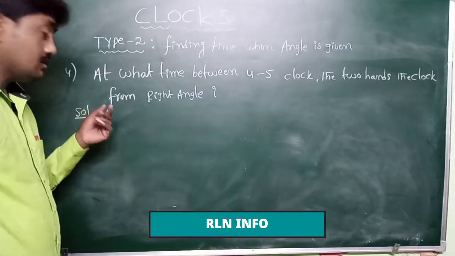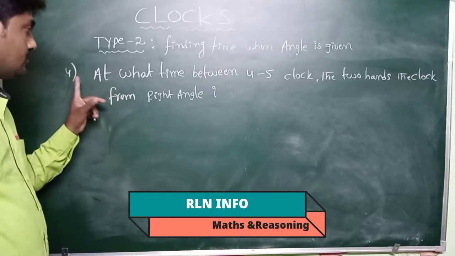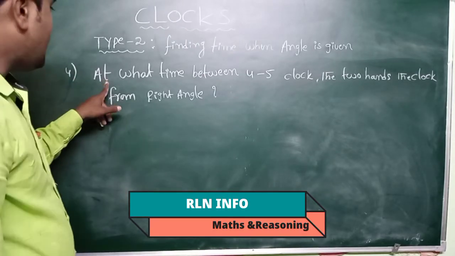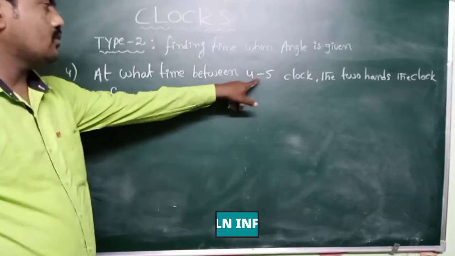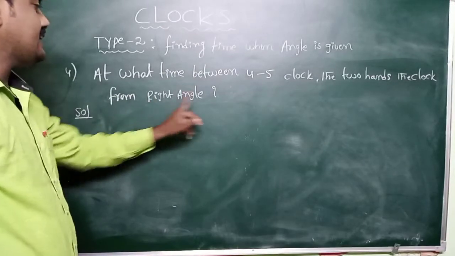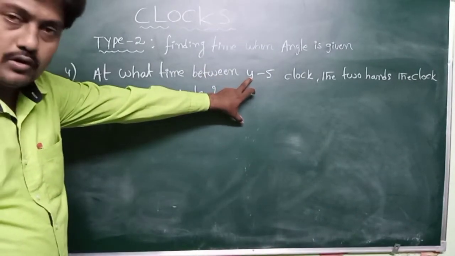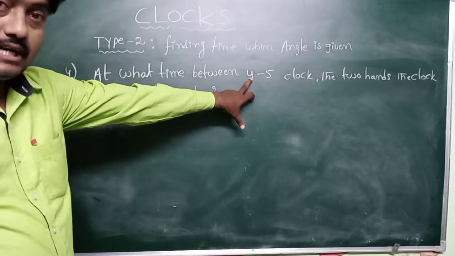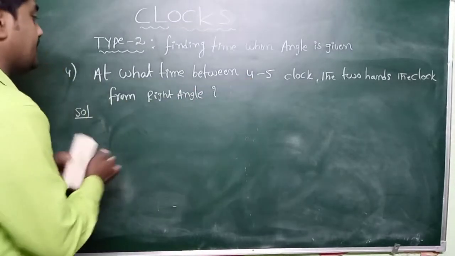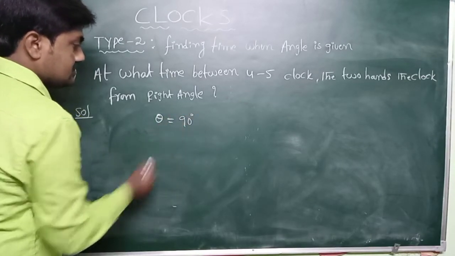First, second and third problems are completed. Now the fourth model: at what time between 4 and 5 o'clock do the two hands of the clock form a right angle? The initial time is 4, but theta is not given directly, it is given indirectly as a right angle. So theta is 90 degrees.